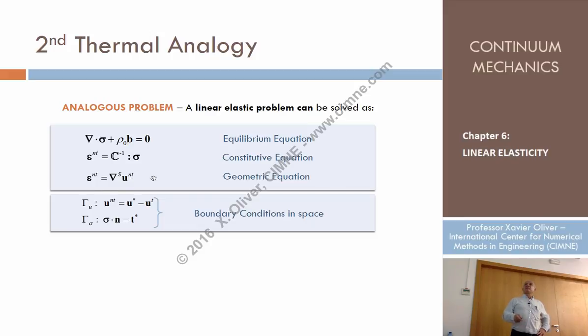So this is a problem where no temperature appears. It's a problem where I have stresses, non-thermal strains, and non-thermal displacements. And the boundary conditions, that's important, that is corrected by subtracting to the prescriptions that I have in gamma u, the value of the thermal displacement in this gamma u.